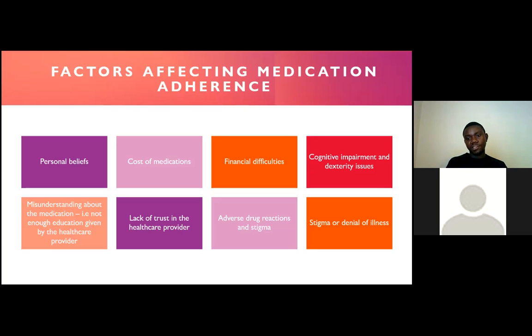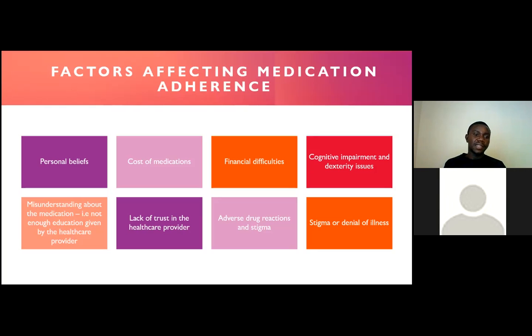Like I was mentioning, seniors or your loved ones have to be able to read, understand, or follow directions, for example when using blister packs. So then comes cognitive impairment and dexterity issues. Some seniors have tremors in their hands, so they can't keep their hands steady to take the pills and put them in their mouth. Or they're just not cognitively well in terms of remembering, or they're confused.